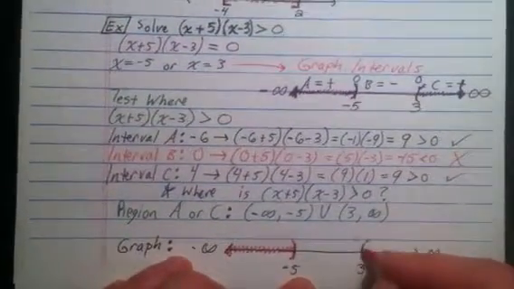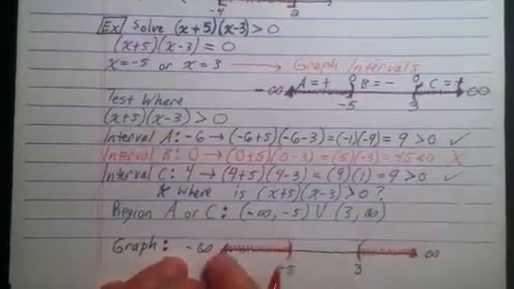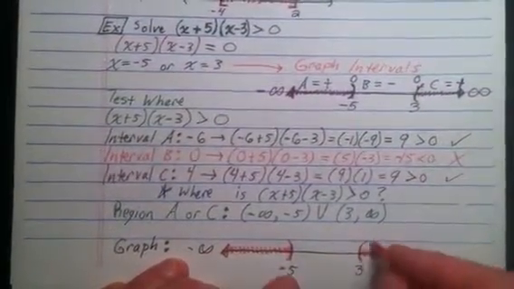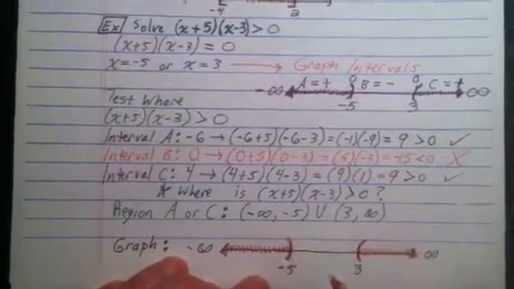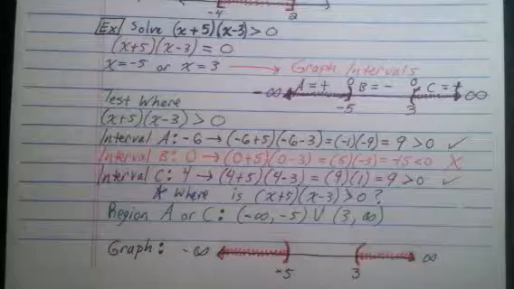Parenthesis at positive 3 and everything to the right shaded in. Okay. So there's our solution.